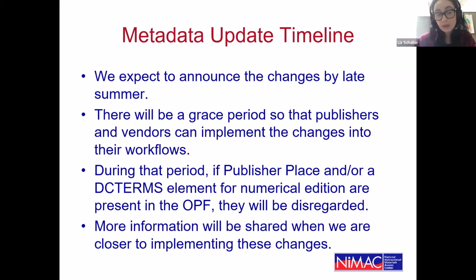During that period of time, if publisher place and or the DC terms element for numerical edition are present in the OPF, they will simply be disregarded by the system. And we will certainly share more information with you all as we get closer to implementing those changes.